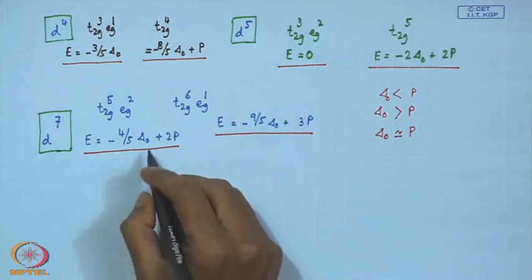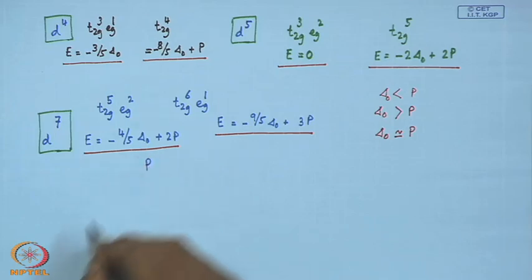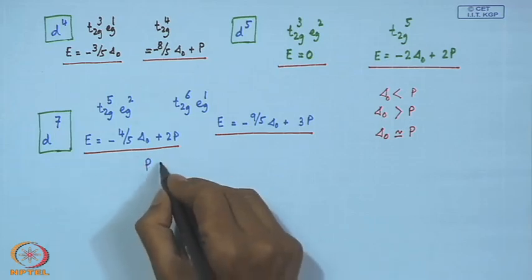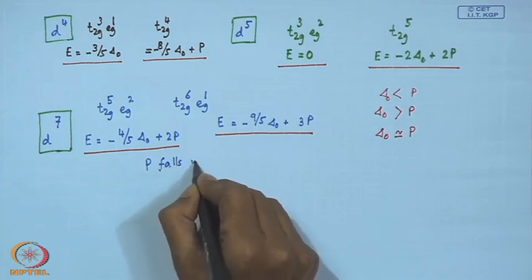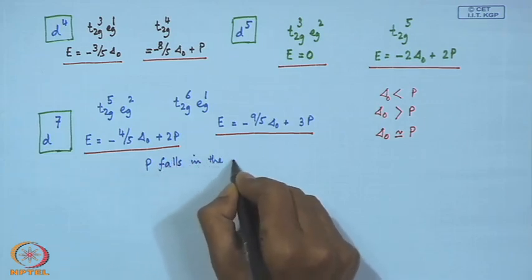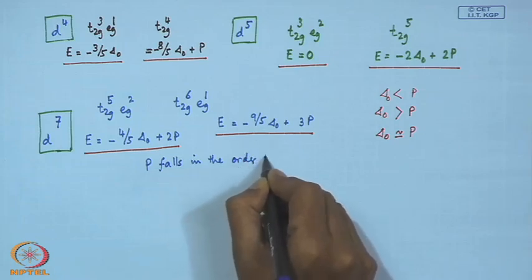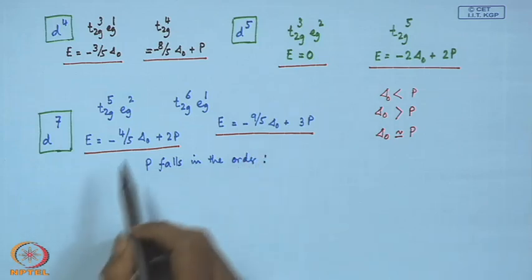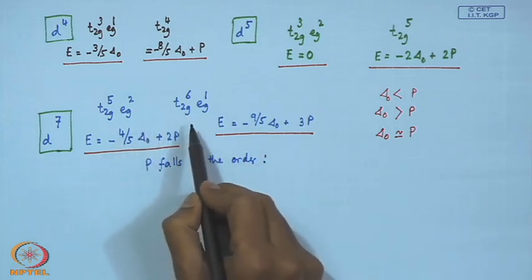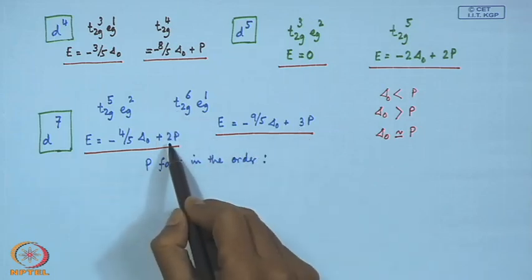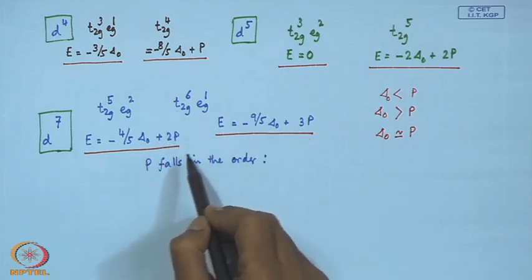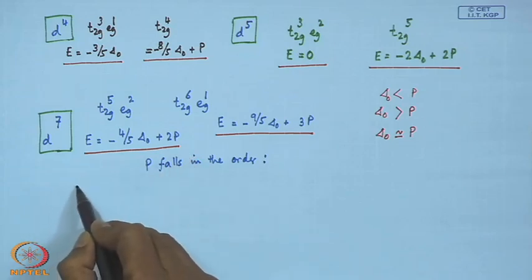But what about the nature of this P for the different compounds? This P value basically falls in an order. P is nothing but the pairing energy when we have a large number of electrons, like 3 such pairings and 2 such pairings, and one orbital is shared by 2 electrons.